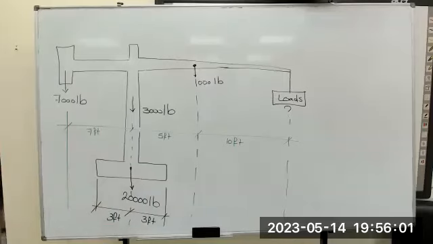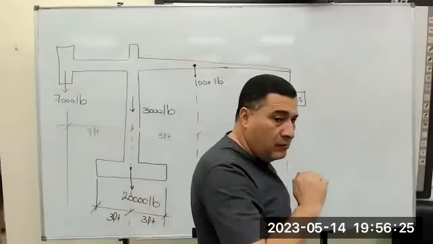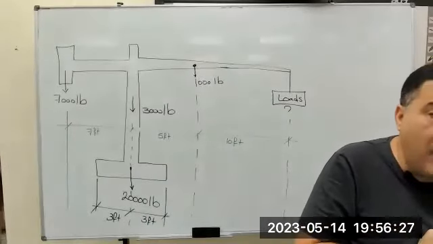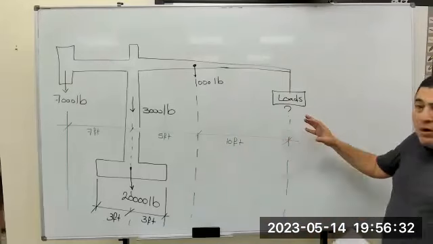Where is the overturning point? If the load exceeds the limit, this system will overturn. Why?